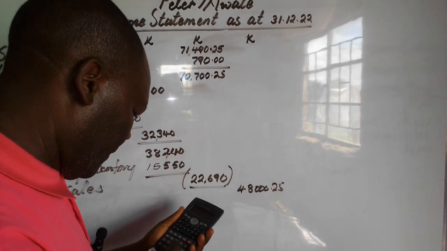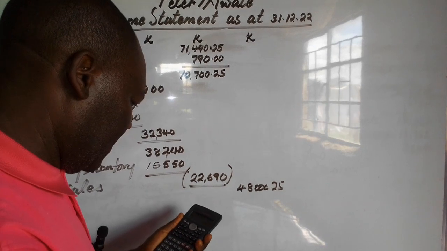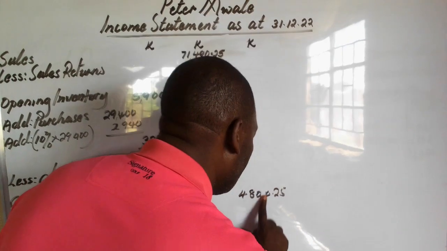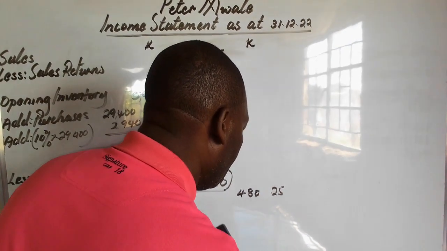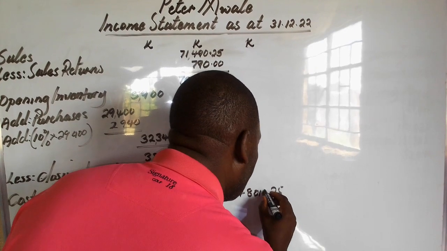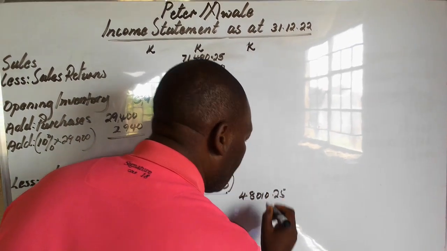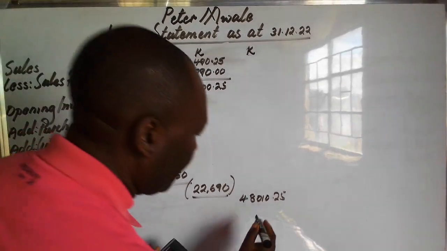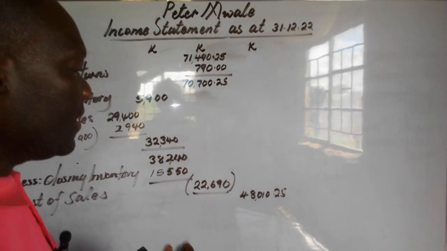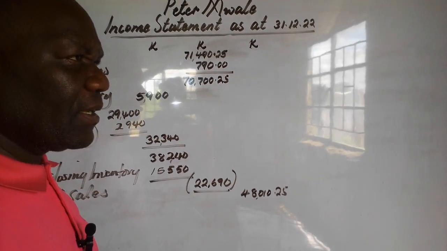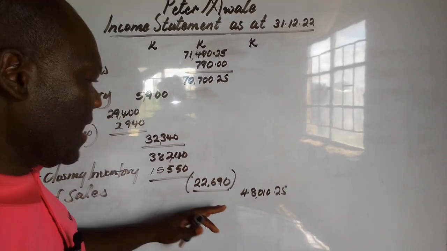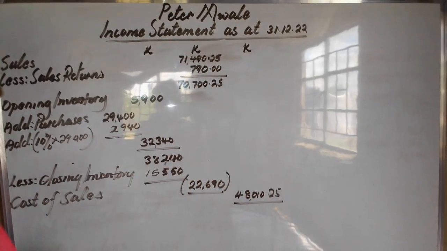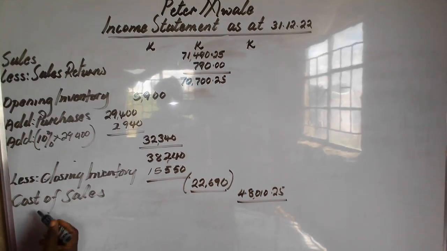Yes, 48,025 kwacha. So this is what I get. What do we call this figure? This figure is called the gross profit. This is our gross profit.